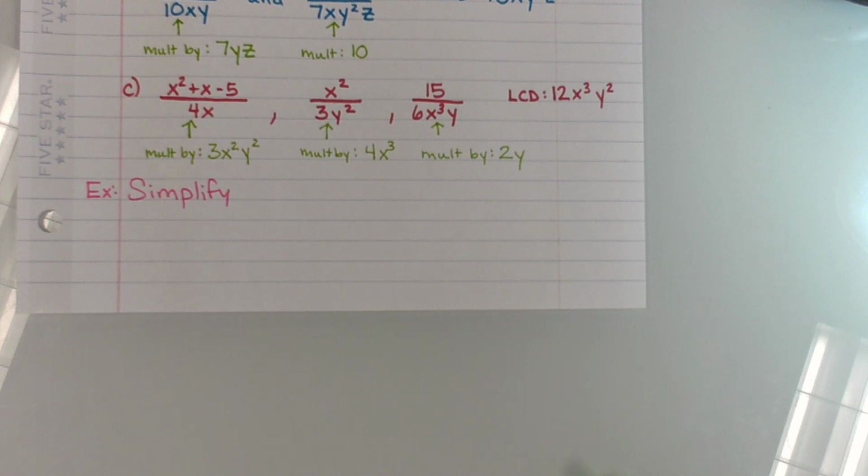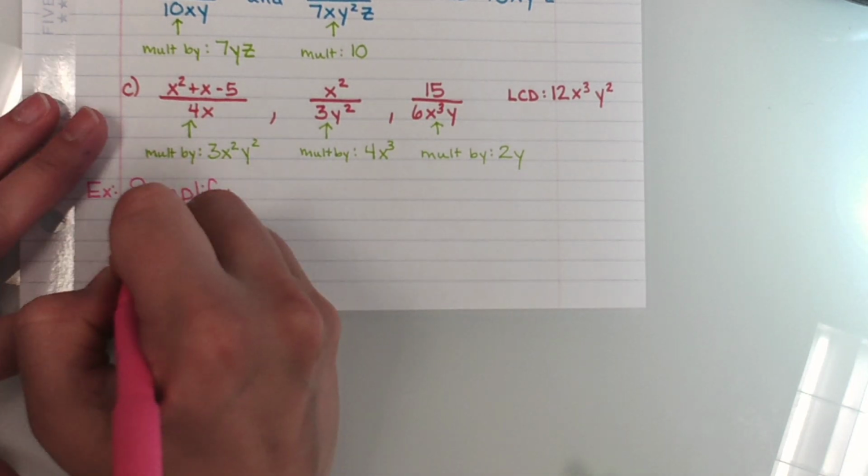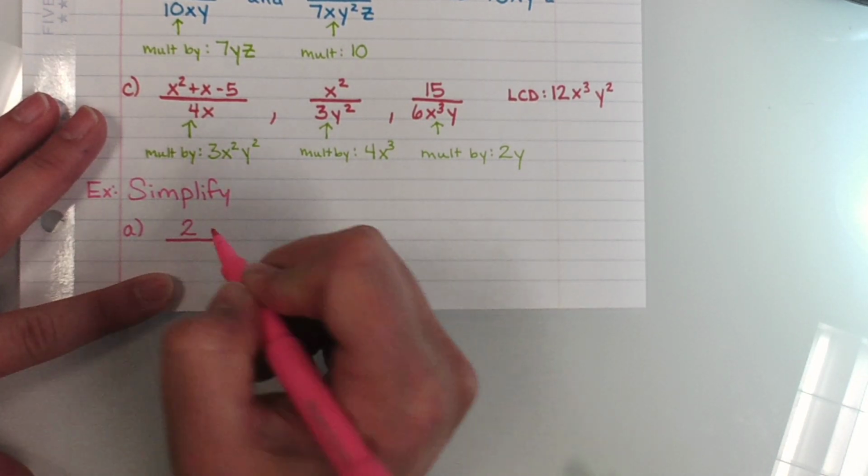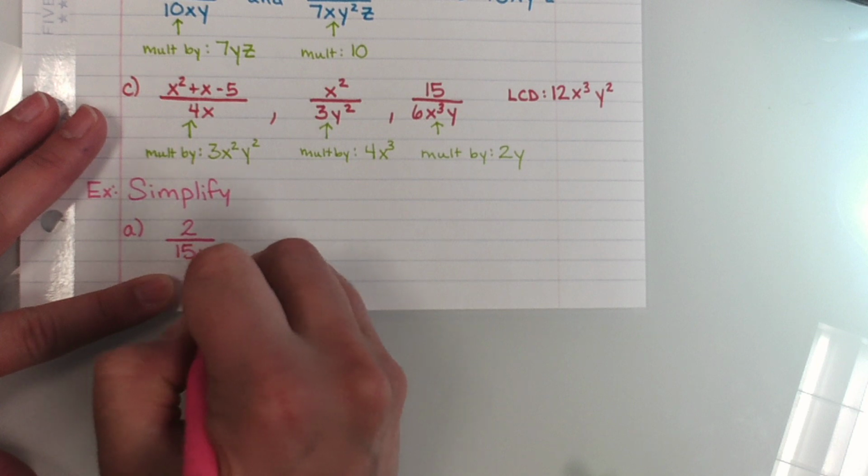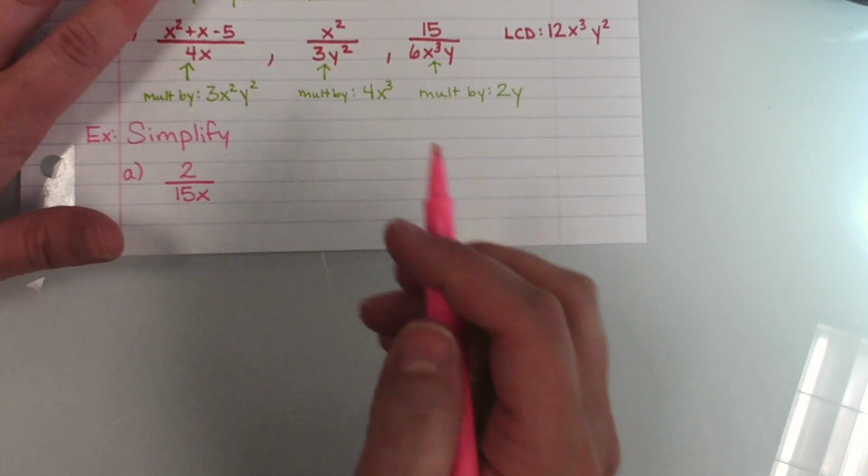So that means you need to pay attention to the operation between the rational expressions, because one of the hardest things about Chapter 8 is not the individual tasks. It's not the multiplying, the dividing, the adding, the subtracting. It's when they all get mixed together, do you know which process you're doing? That's what messes with people with Chapter 8 more than anything else. That and don't mix it up with solving. But we'll get there.